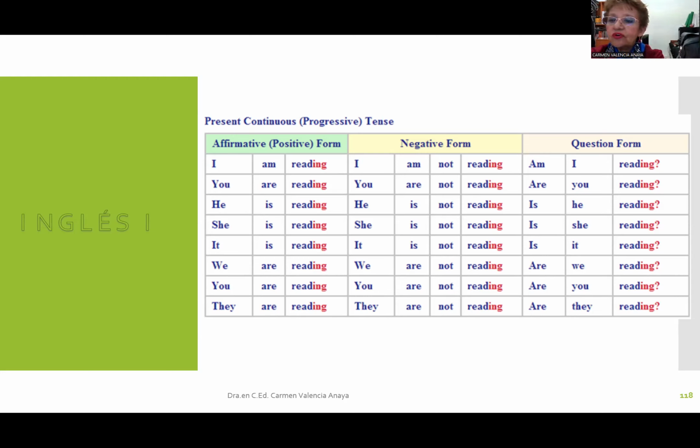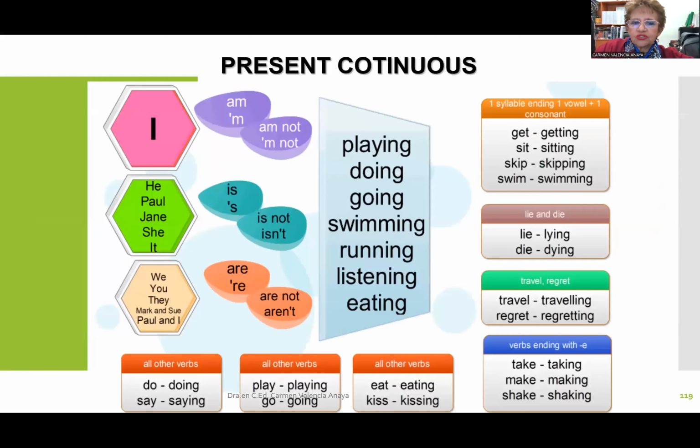And it's going to be followed by the simple form of the verb, read, run, drive, eat, and ing. Am I reading a book? Is he reading a novel? Are we reading a poem? Are you reading a letter? Are they reading a menu? Okay, this is the most important part of present continuous.